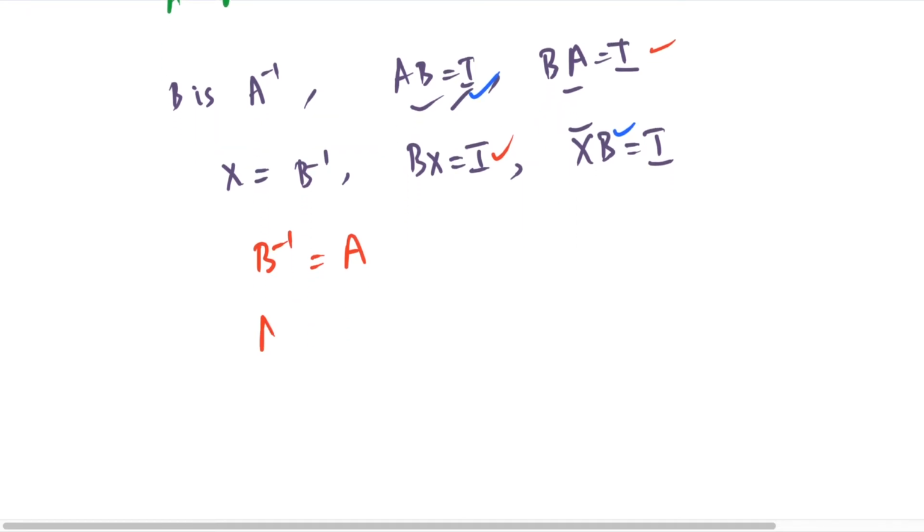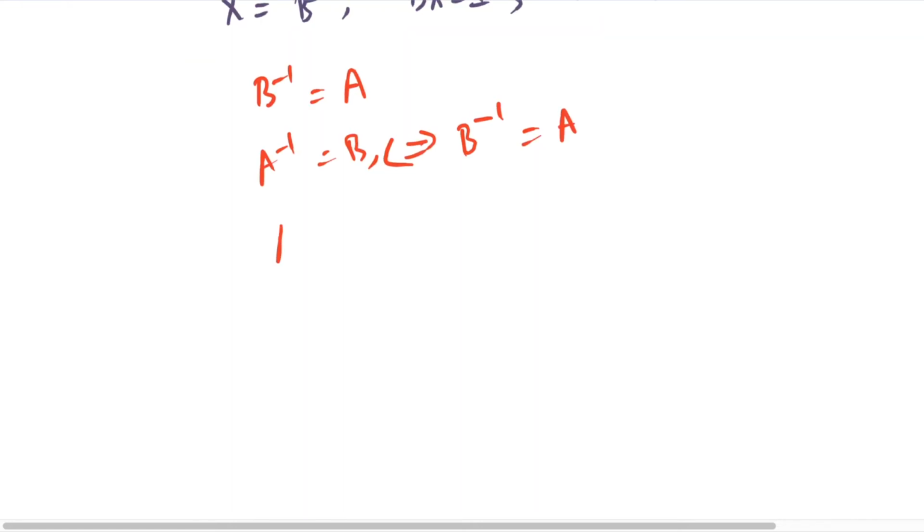So if A inverse is equal to B, then it implies, and is implied by, that B inverse is also equal to A. And this also means that the inverse of A inverse will be equal to A.